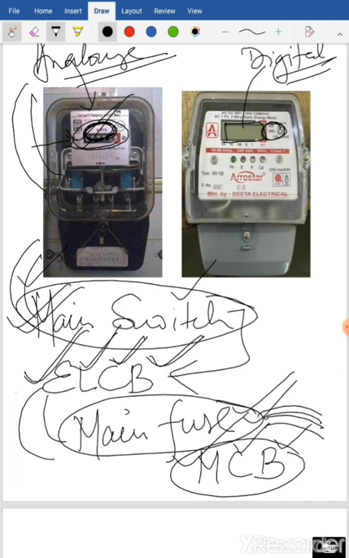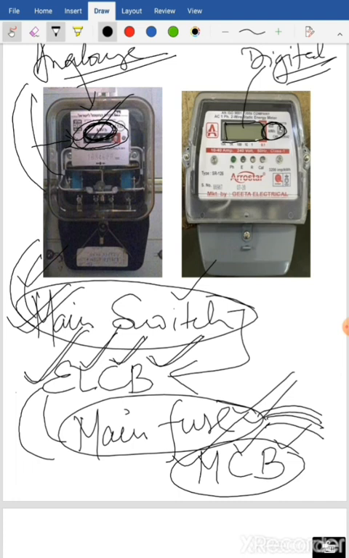Now let me have a quick recall. First, electricity comes to us with the help of three wires: live, neutral and earth. Before it enters the house, it passes through a fuse on the pole, which is called the company fuse or pole fuse.